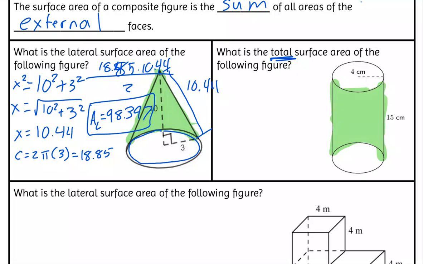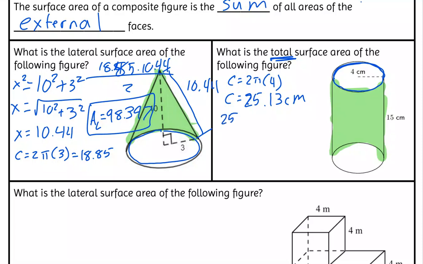So first thing I'm going to do is find the total circumference of this shape, or of the circle. So again, to find circumference, it's 2 pi r. So we have 2 pi times 4. So I'm going to plug that into my calculator, and I end up getting a circumference of 25.13 centimeters.